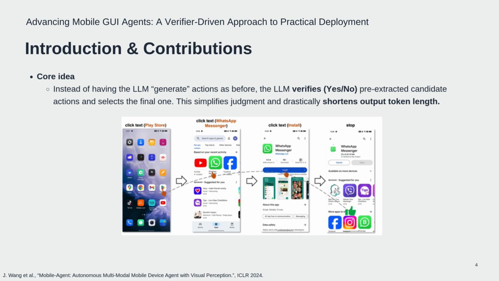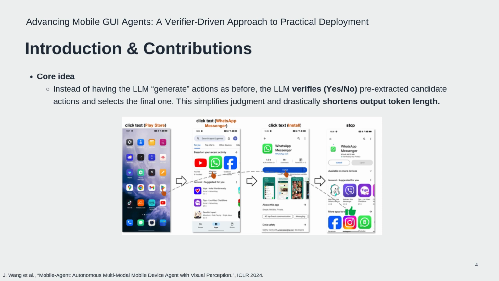Let me introduce our idea. The core idea of ViDroid is a paradigm shift. Instead of having the LLM generate actions, you have the LLM verify actions. In other words, they pre-enumerate a set of candidate actions from the UI, and the LLM's job is to answer yes or no to the question: does this action help complete the task, for each candidate?